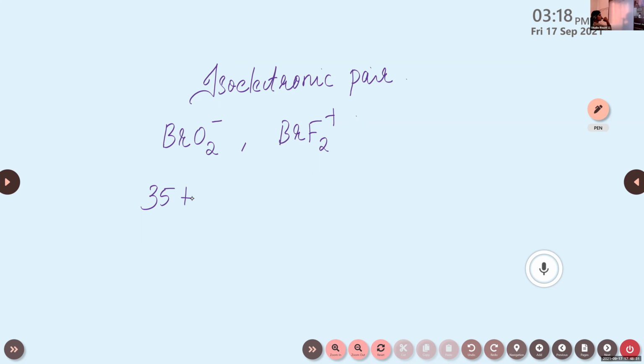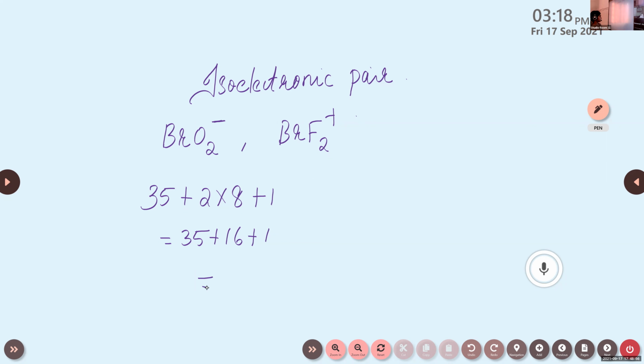But here there are 2 oxygen atoms, so 2 into 8. 16 is the atomic mass, okay? Then here there is 1 negative charge, so 1 more electron. This is the total number of electrons in BrO2 minus: 35 plus 2 into 8 plus 1. So 35 plus 16 plus 1.